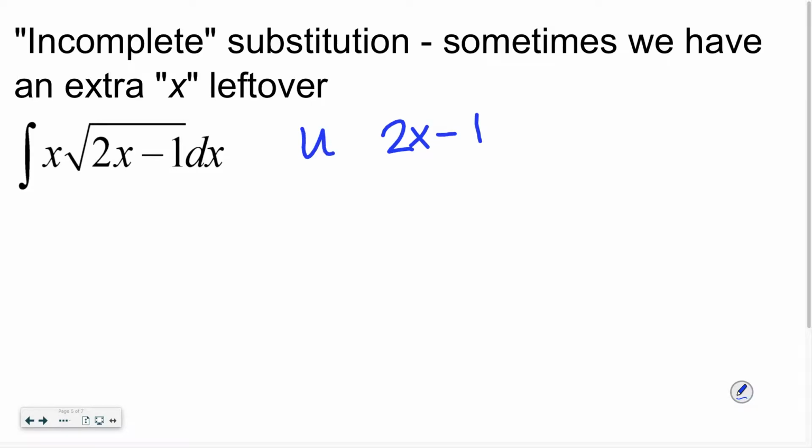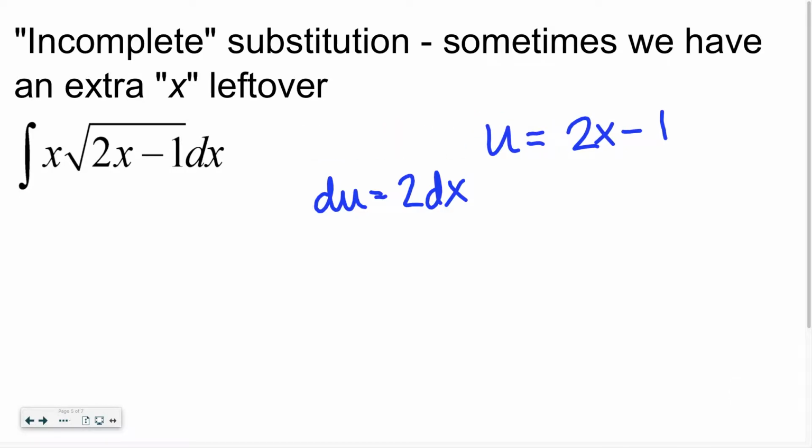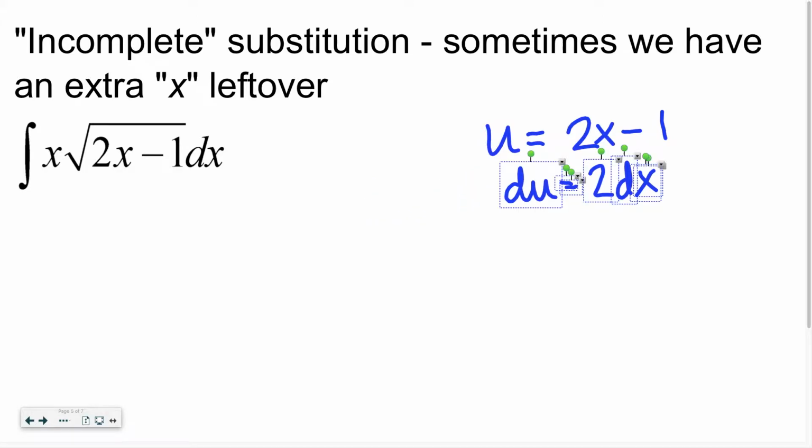So what if we let u equal 2x minus 1? Our derivative: du would be 2 dx. So 1/2 du equals dx. We're all with me there?